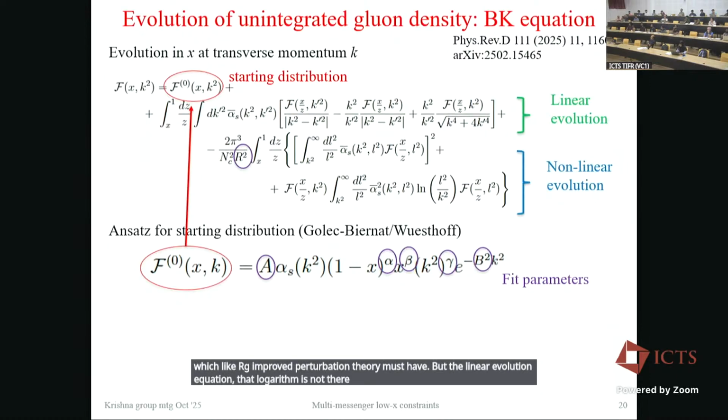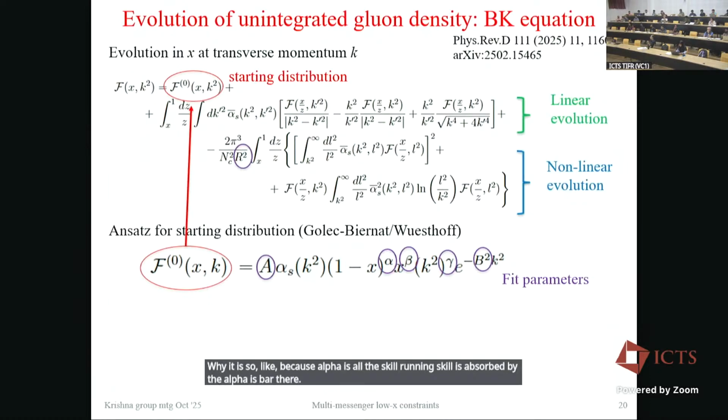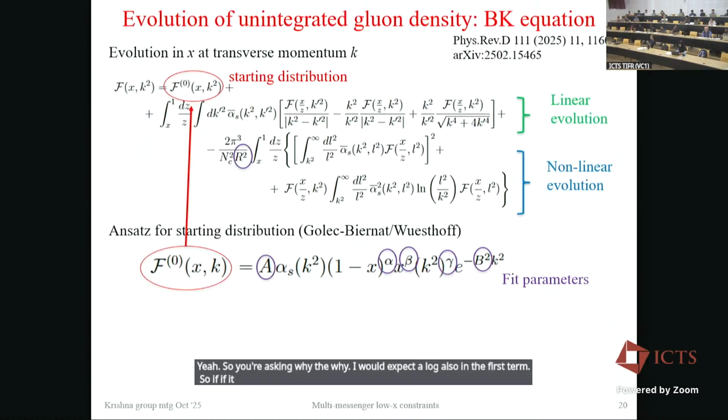Why is that? Because the running scale is absorbed by alpha-bar there? So you're asking why I would expect a log also in the first term, and if it's missing there, where that's absorbed.